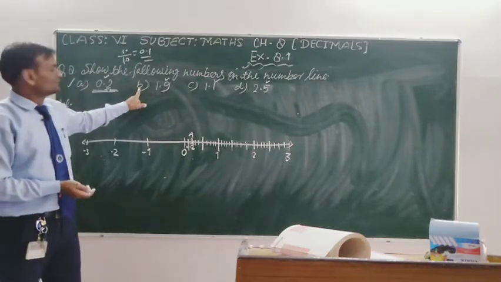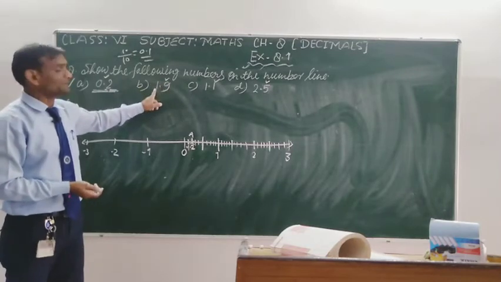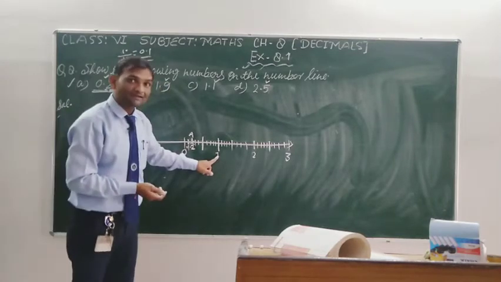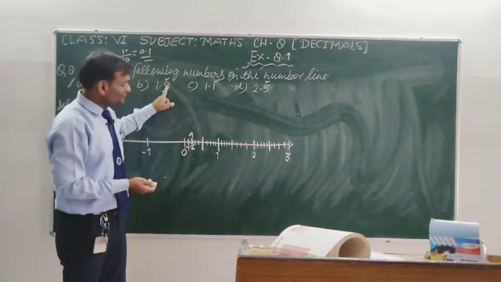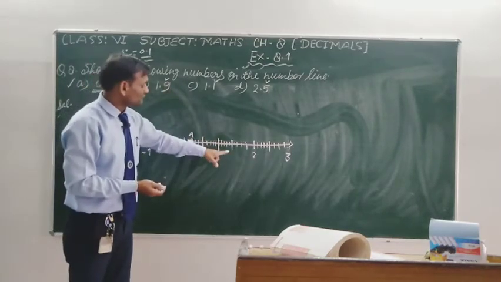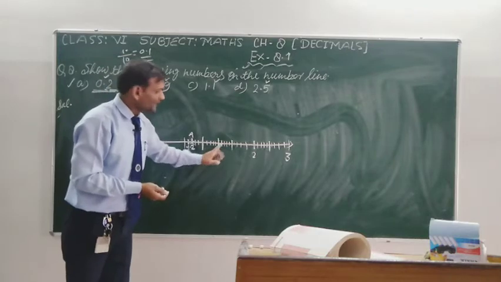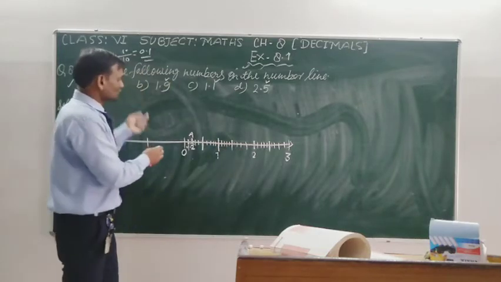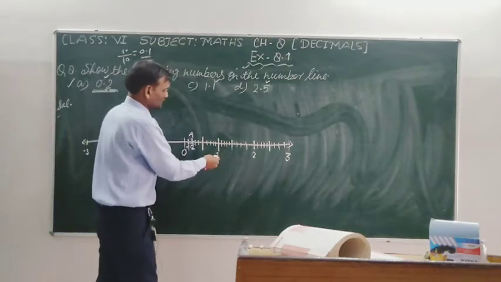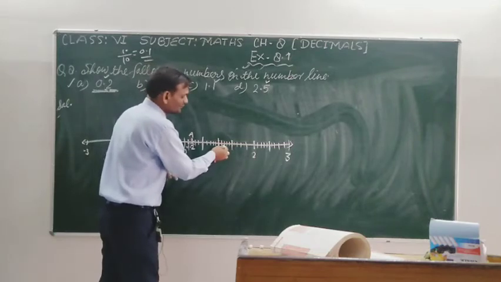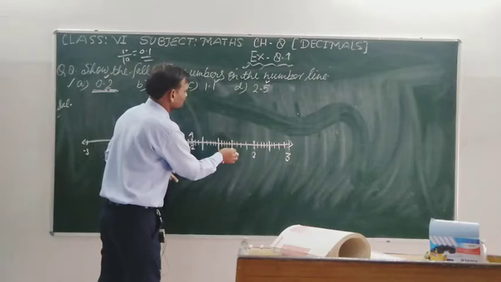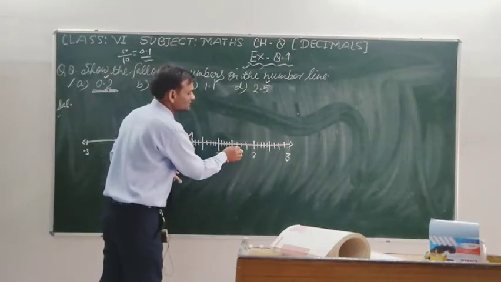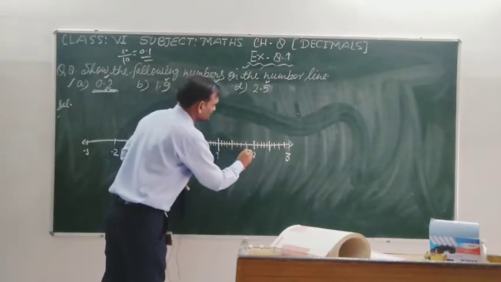And B is 1.9. 1 is a whole number. So here is 1. For finding the point 0.9, we move forward from 1. 1 के आगे हम move करेंगे. So 1.1, 1.2, 1.3, 1.4, 1.5, 1.6, 1.7, 1.8 and 1.9.